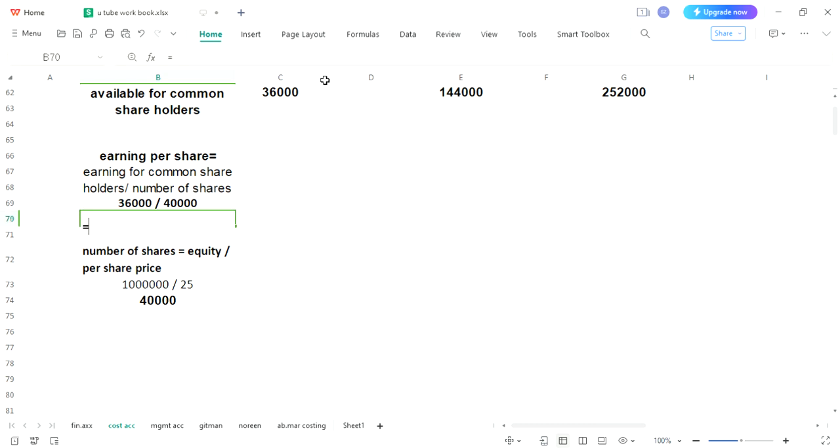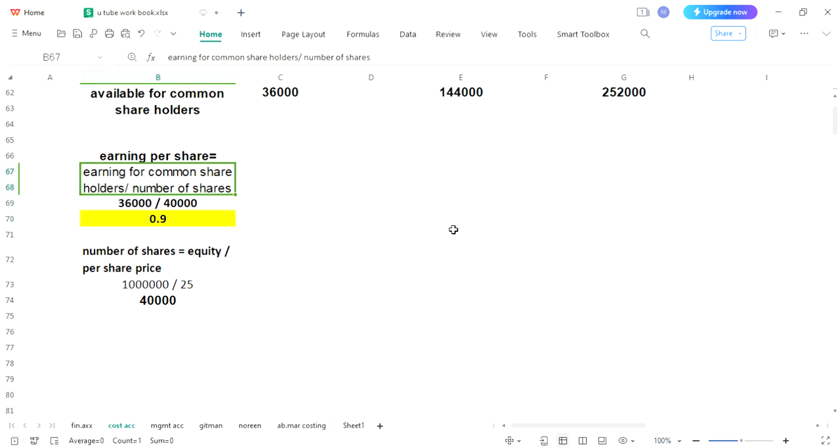After making the statement we can put it on our calculator. So first EPS is arriving, and that is 0.9. So this is your answer. First answer we have calculated, EPS. Let's mark it as it has been done. So all answers which are required in the question, we are marking them as yellow.